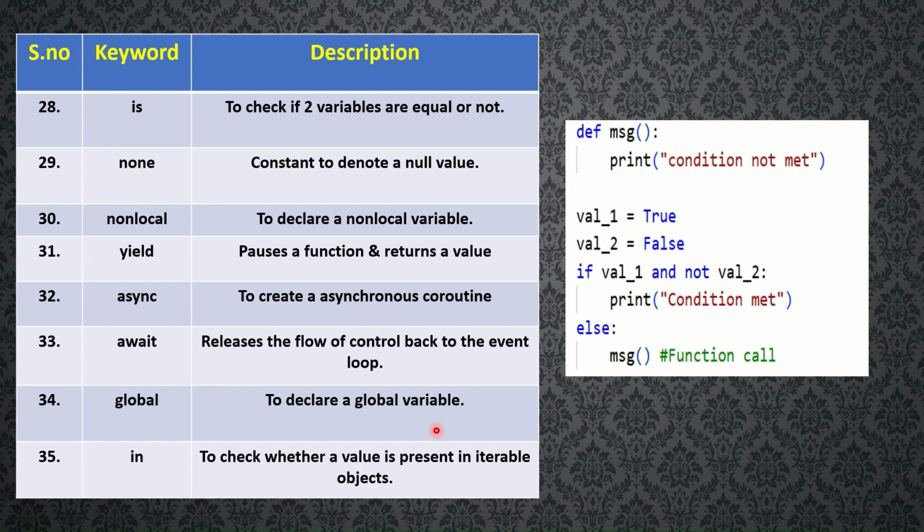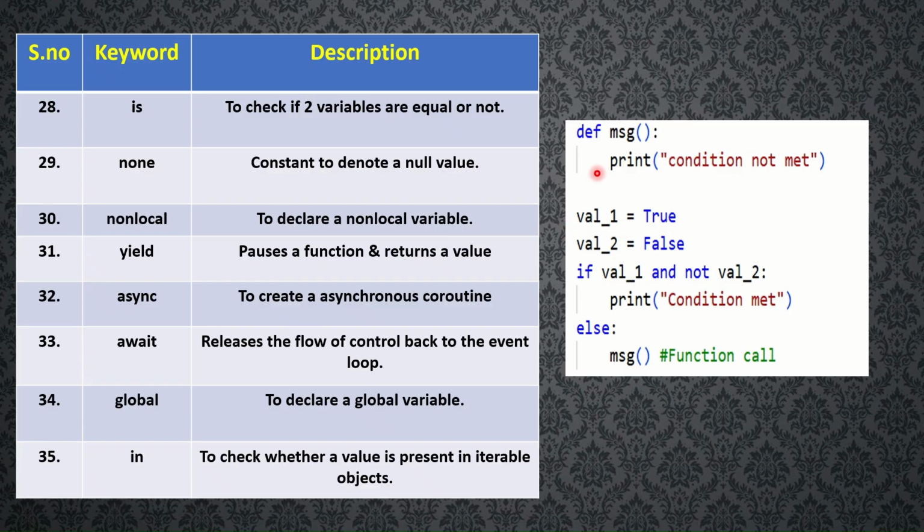So I have given one example also here, to give you some idea of how we can make use of these keywords when it comes to coding. So here I have a function that is started with the def keyword, and this is the name of the function. Inside this function, I'm just printing some statement.